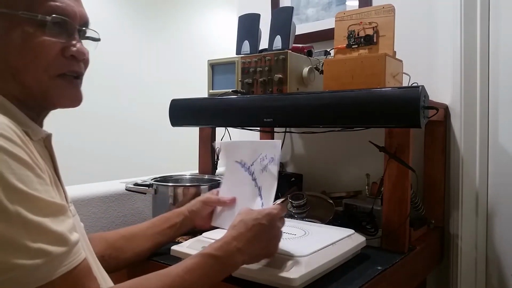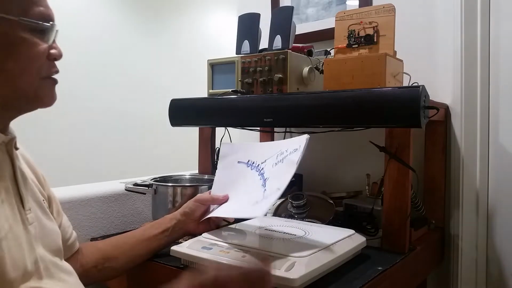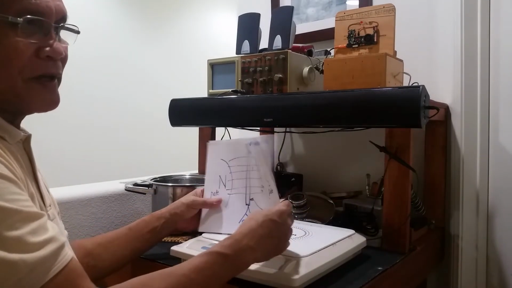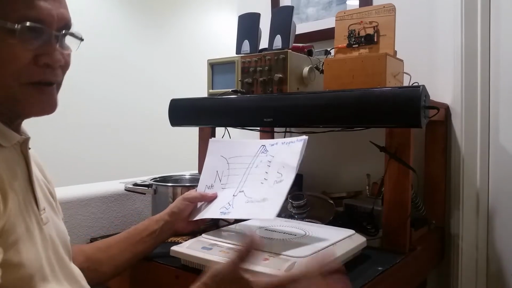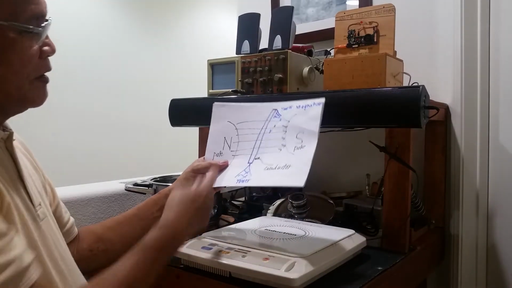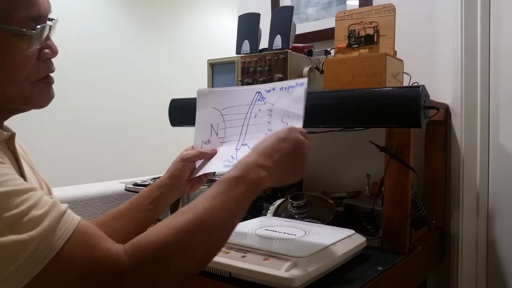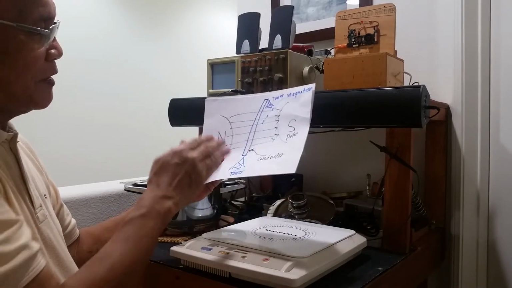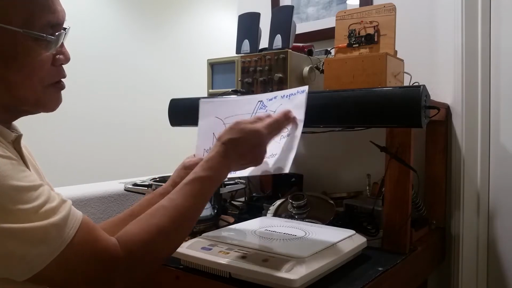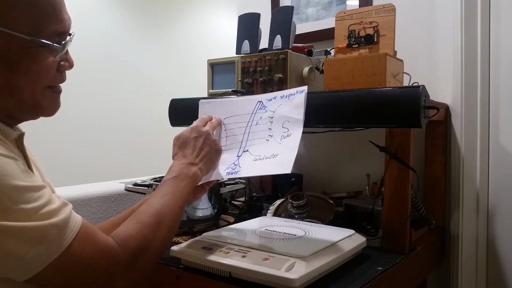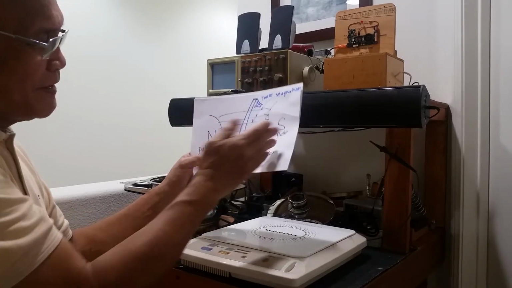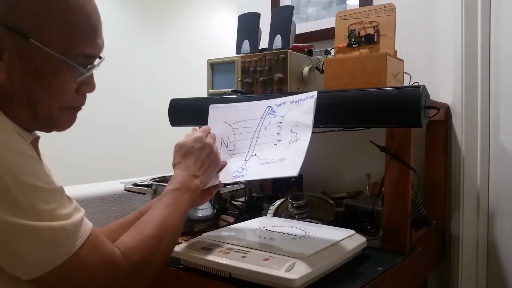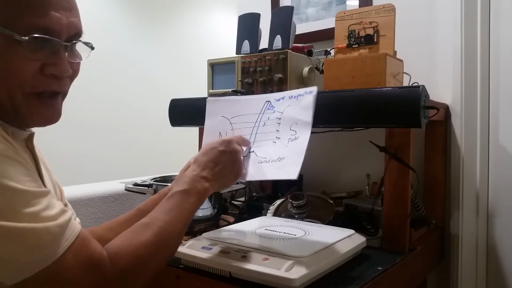This principle is actually something like the generation of voltage. For those who do not know about generation of electricity, if this is the North Pole and this is the South Pole, the Earth has a natural magnetism that emanates from the North Pole and goes to the South Pole. So actually, the magnetism is the one moving. If you put a conductor perpendicular to that magnetism, it will induce a voltage.